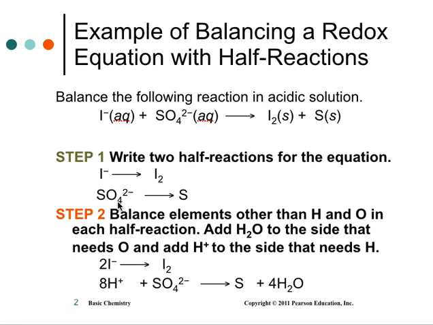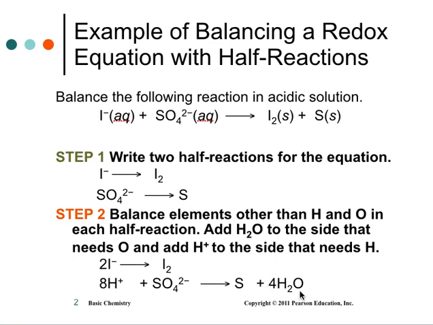I've got 4 oxygens on this side, so I need 4 oxygens on this side. So how many waters will give me 4 oxygens? Water is H2O, so I need 4 waters in order to give me 4 oxygens. I'm going to add on the right 4 H2O. Okay, so I'm going to have SO4 -2 yields S plus 4 H2O.